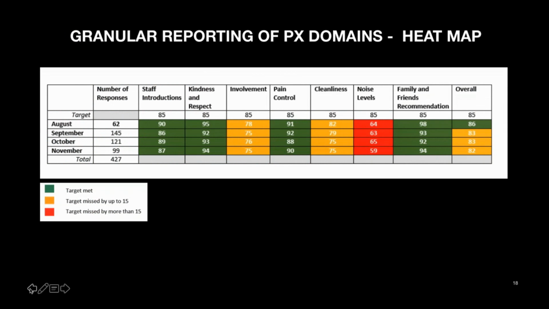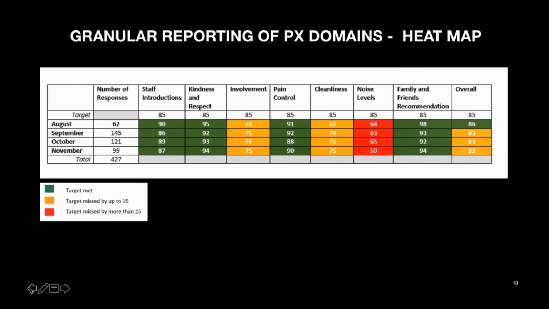But also that granular reporting and getting down to that ward or department level in real time is where we are seeing organizations going, particularly organizations like Kaiser Permanente, Cleveland Clinic, but also Western Sydney. Other organizations can actually extract this data in real time and also break it down by domains.